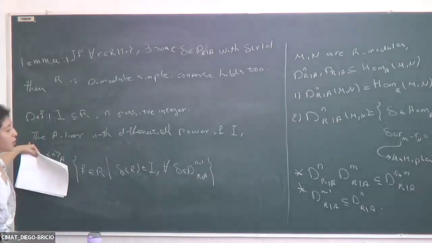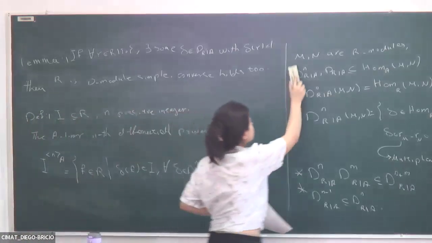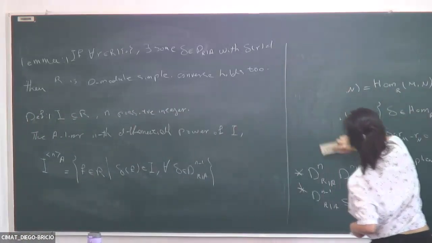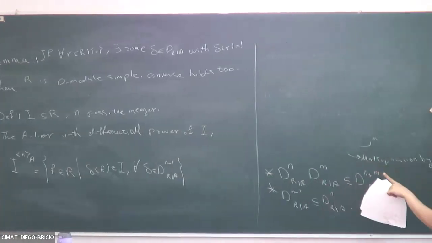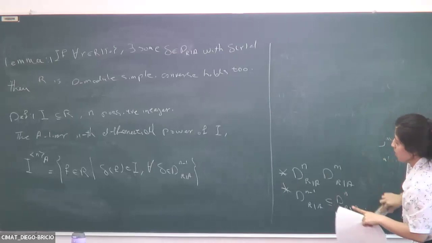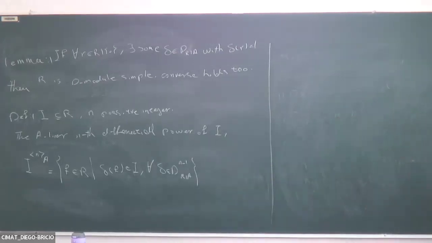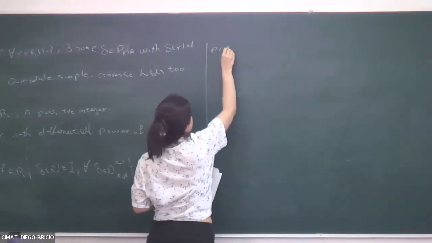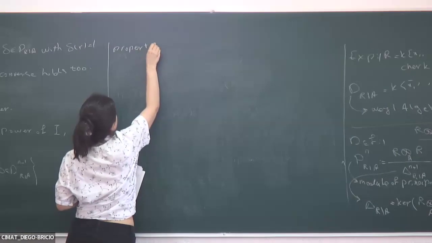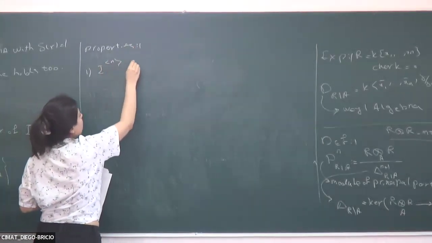And we use this definition to describe the differential core. So before I go through the definition of the differential core, I should mention some properties of this differential power. First of all, this I_n is an ideal.